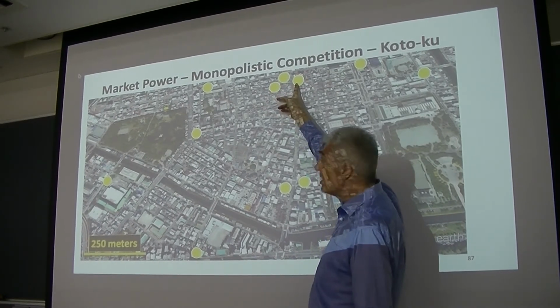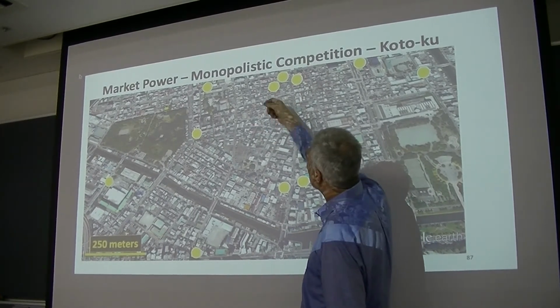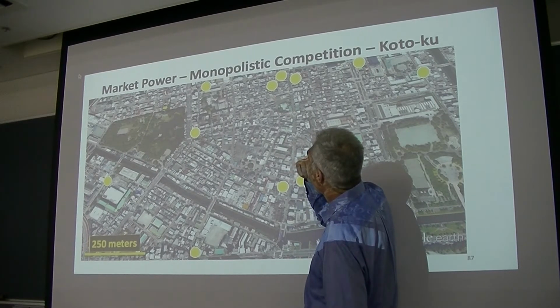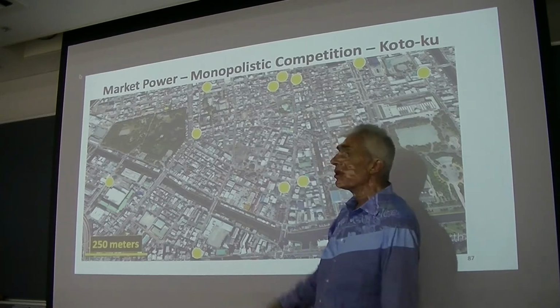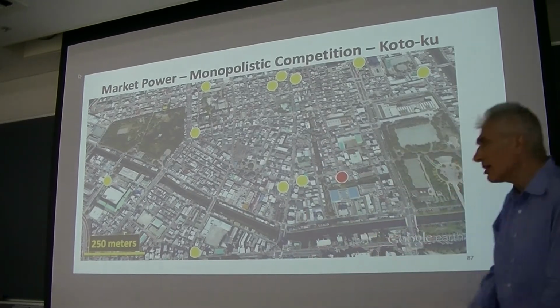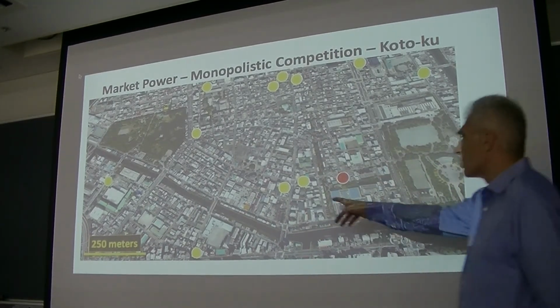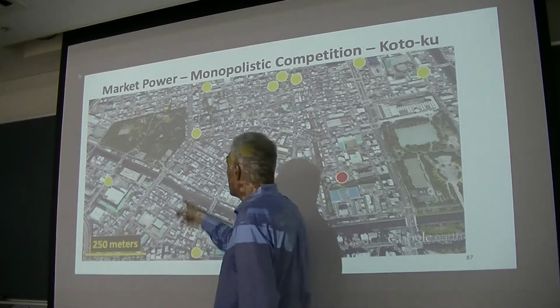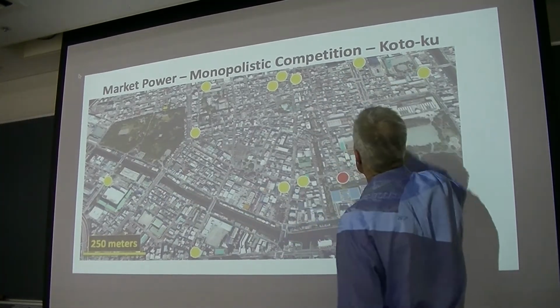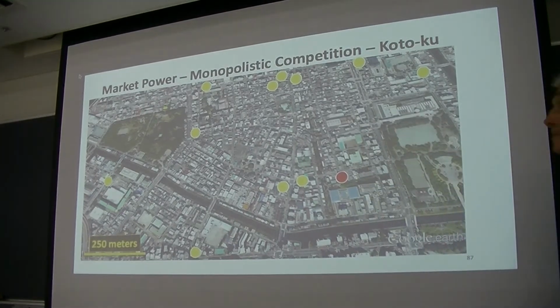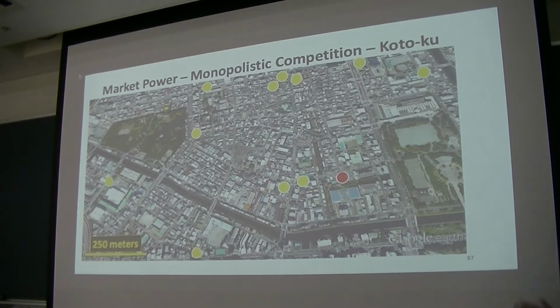Another one's a regular convenience store. Even though there are little differences, many of these are just regular convenience stores. So you see that kind of regular spacing.